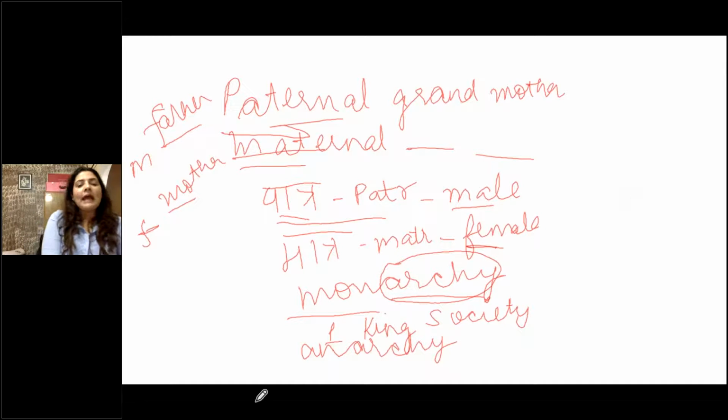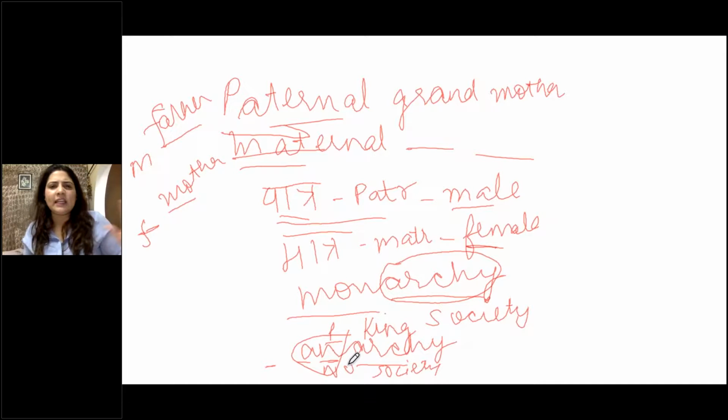Similarly, if I add a or an to a word, this makes your word negative or the opposite. So archy is society and anarchy, no society. There's no proper law, no order, lawlessness, chaos, confusion. That is anarchy.